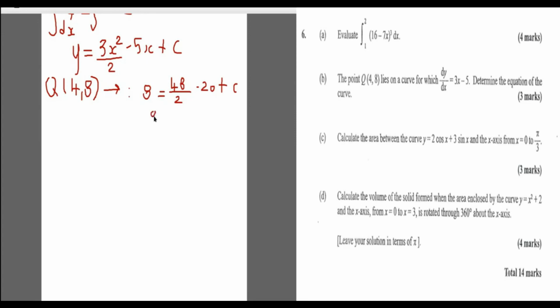And so 8 is equal to 4 plus C. So if 8 is equal to 4 plus C, then C must equal 4. So the equation is y is equal to 3x squared over 2 minus 5x plus 4.